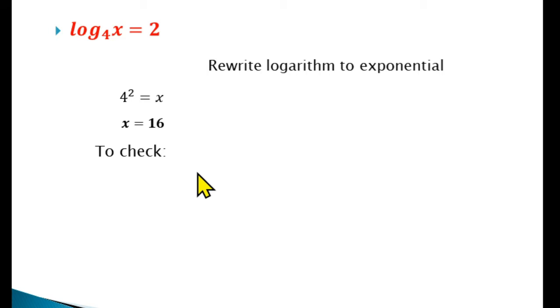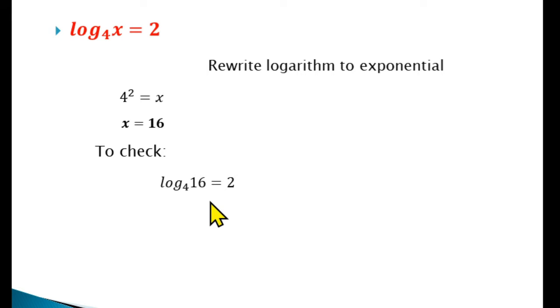Checking if your answer is correct, we substitute 16 into our logarithmic equation, so we have logarithm of 16 with base 4 equals 2. You can simply check if the answer is correct by using your calculator, but we can also solve it manually by rewriting this logarithm again to exponential.